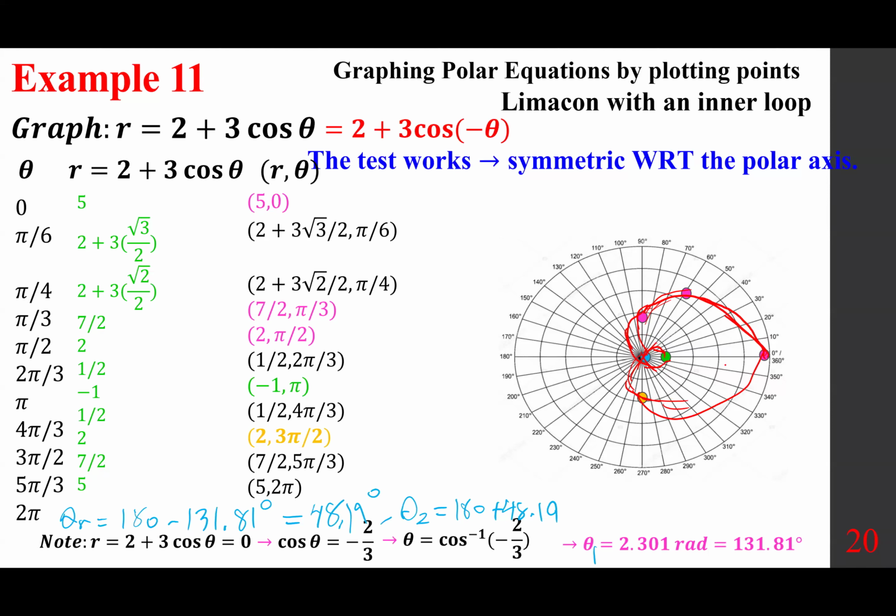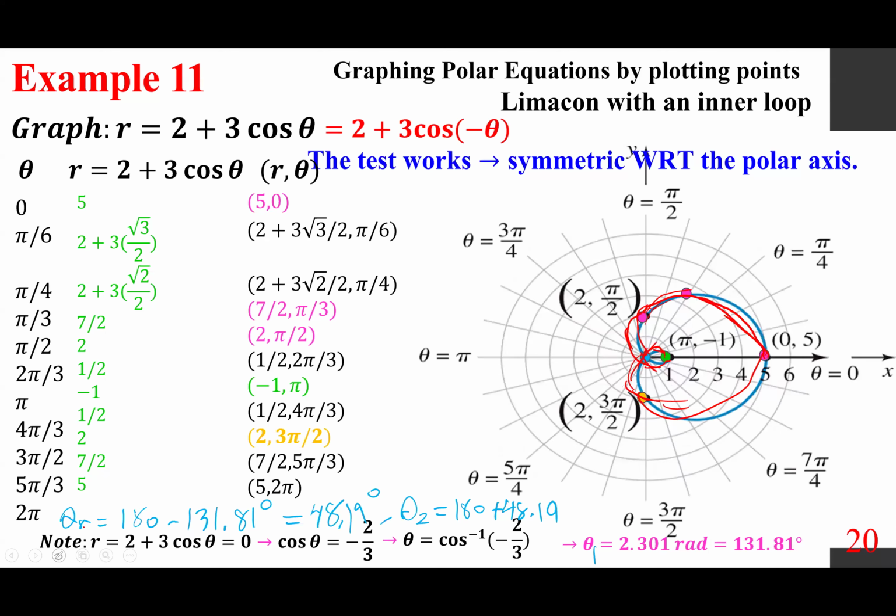And then by symmetry, the bottom is identical to the top. Okay, just to give you an idea. And it looks like that. Let me erase my work so you can see that better.